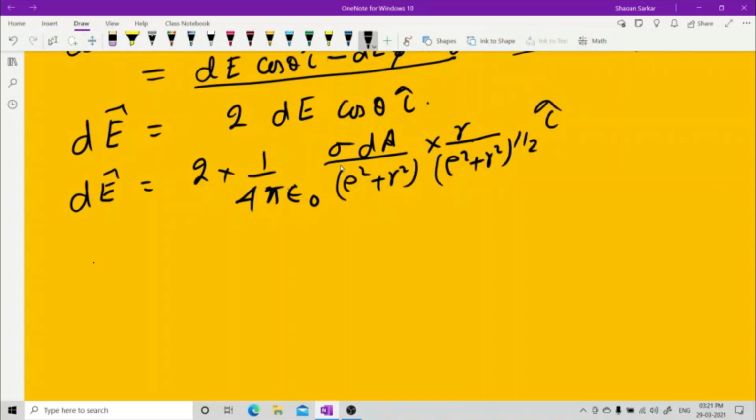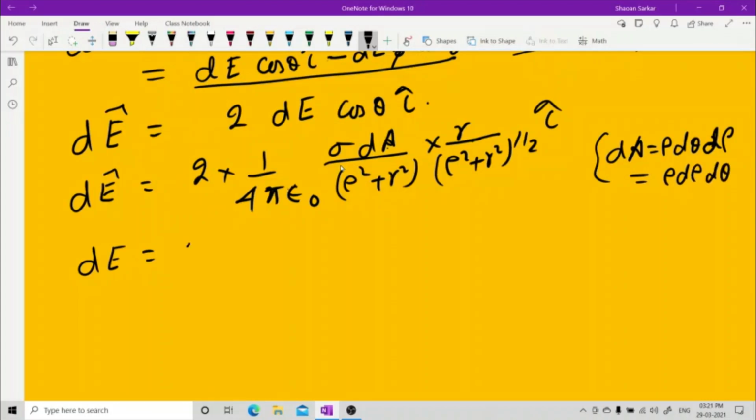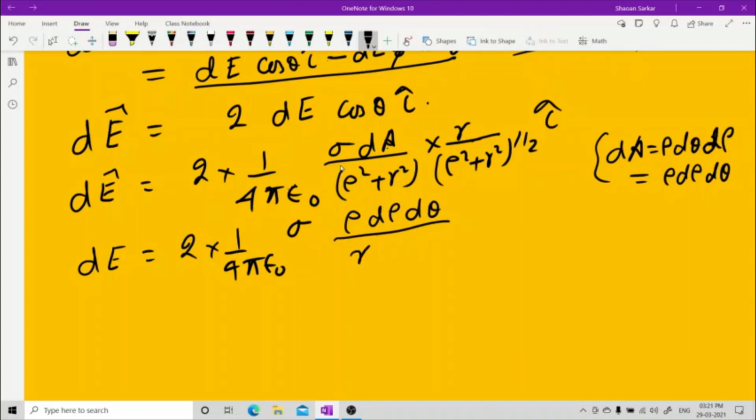Now you do one thing. You don't know what dA is. I just told you dA is rho d theta d rho. So 2 into 1 by 4 pi epsilon naught, sigma rho d rho d theta upon r square plus rho square to the power of 3 by 2, and this r, and i.